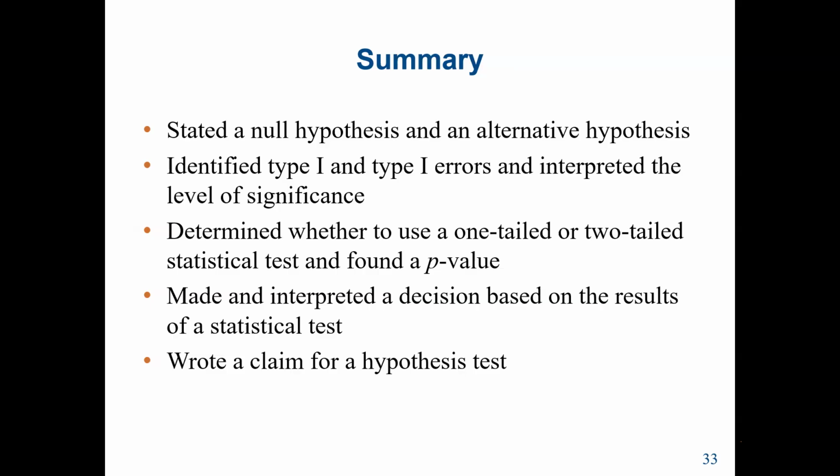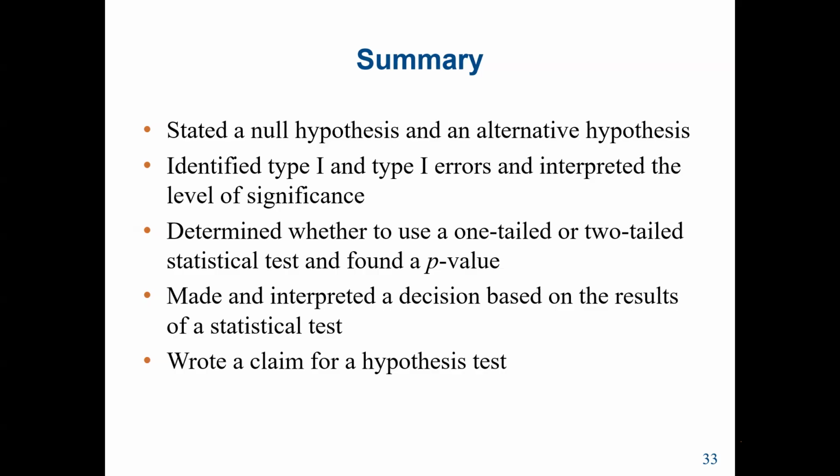If the p-value we find is less than alpha, then we reject H0. If it's greater than or equal to alpha, then we fail to reject H0. Normally if the p-value is very big, we accept H0, or the best way to interpret it, we fail to reject H0.